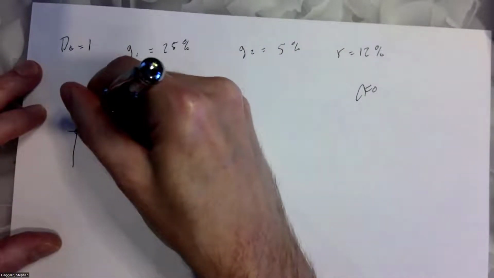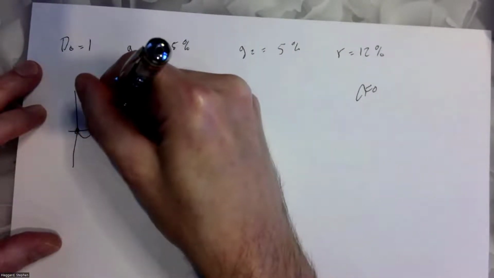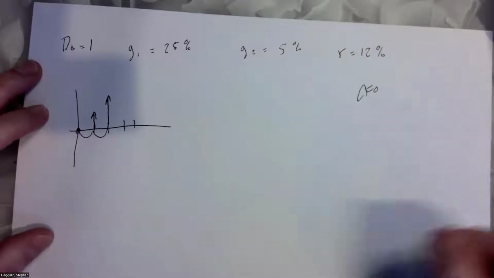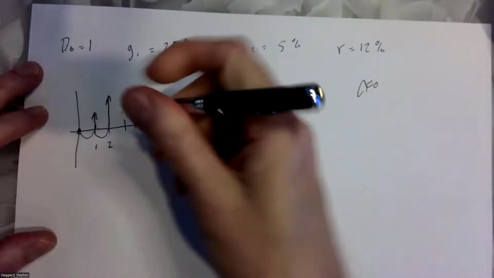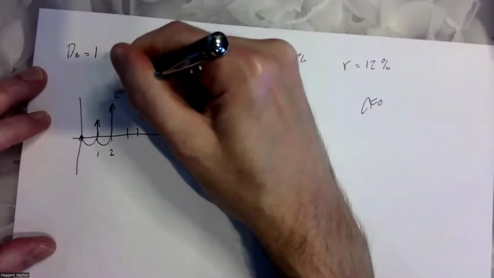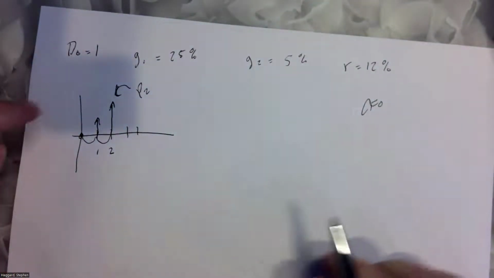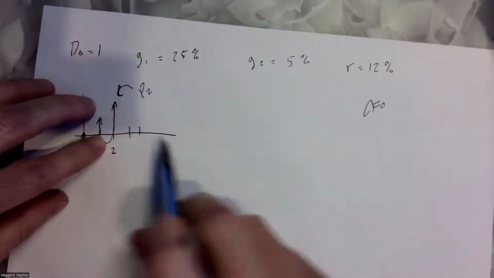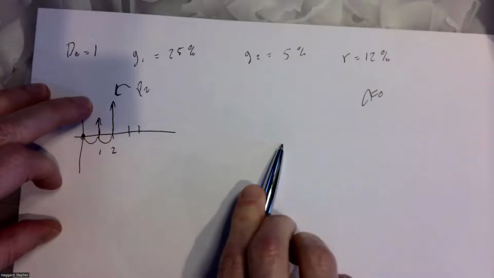And so that means we need to get these individual dividends. So we need D1 and D2. And then we're also going to need a P2 that's going to give us the price that represents at time 2 all the dividends that will be paid at time 3 going forward.